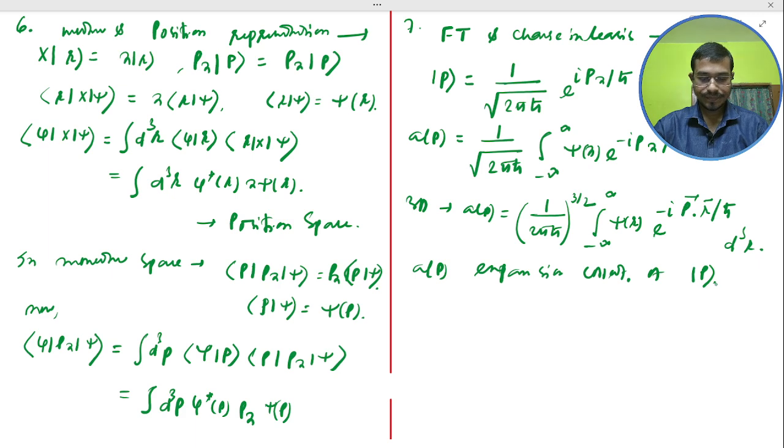Next, the Dirac delta. First one should be the Kronecker delta. It should be the Dirac delta. That is the orthonormalization relation. Very important.